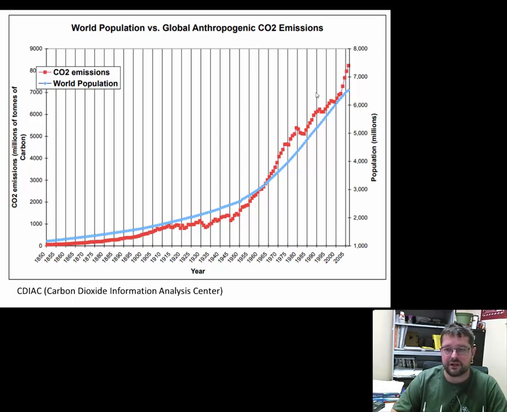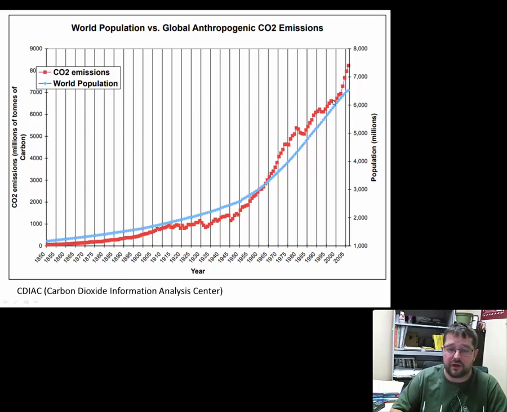Our technology in the 1970s and 80s was probably just as good as it is today at collecting CO2 emissions. We've been collecting CO2 emissions the same way for a long time, and you can see the exact same trend. As population of humans increases, so do CO2 emissions.